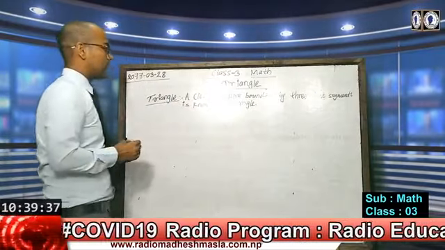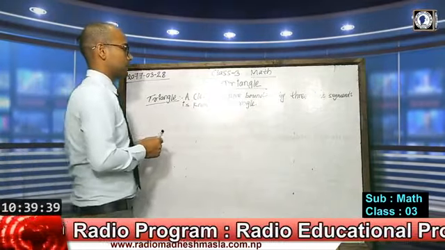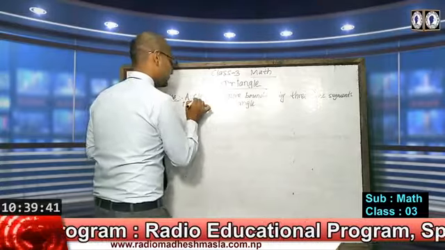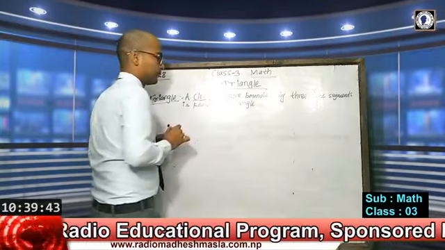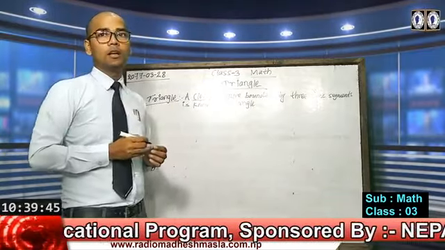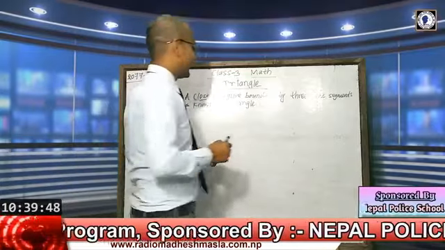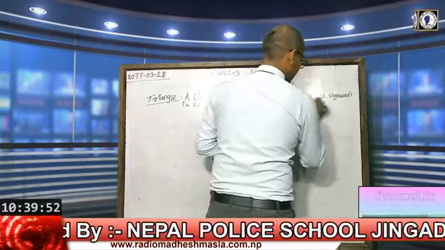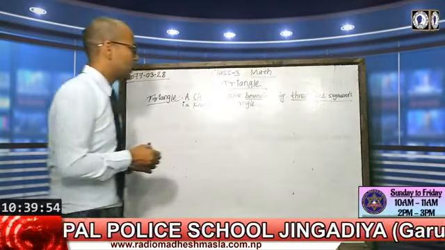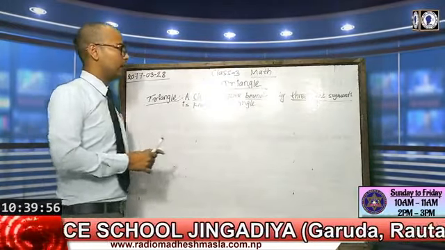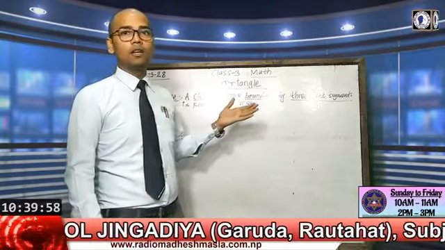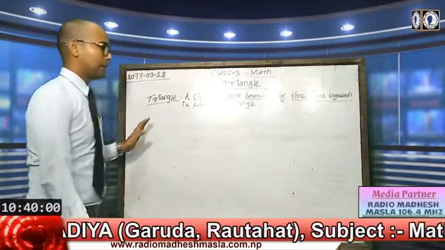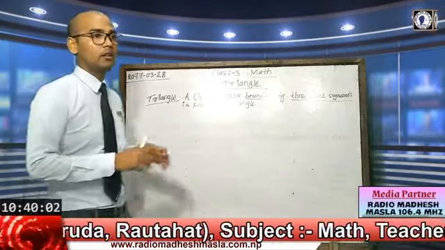So students, give your concentration here. Closed, then after that bounded, then after that three line segments. If we talk about closed, that means it is not an open figure.